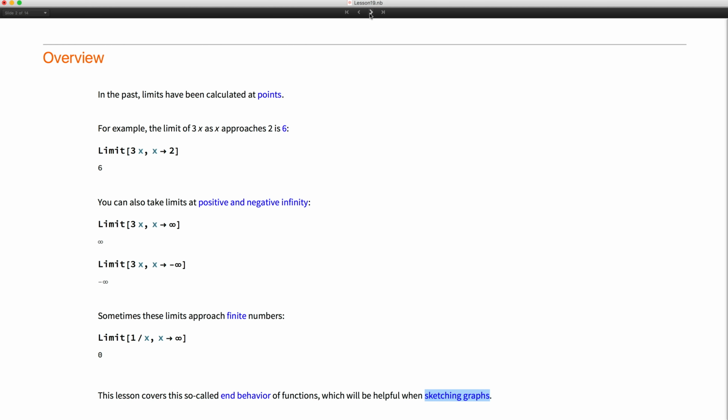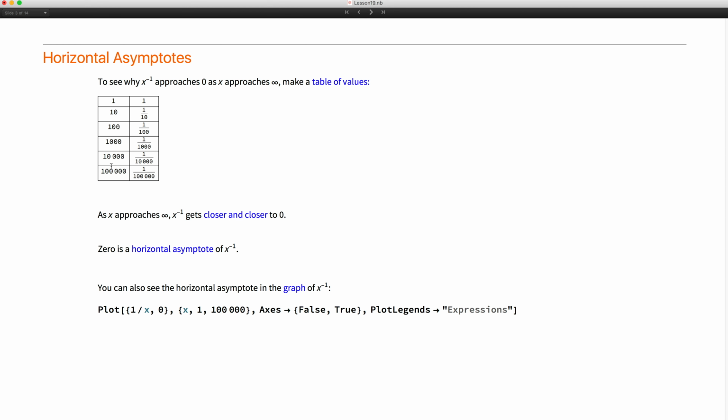So let's begin with some more motivation and talk about horizontal asymptotes. If you look at this table, it's a table for 1 over x as x approaches infinity. And you see that as x becomes larger, the value of 1 over x becomes smaller. So as x approaches infinity, 1 over x gets closer and closer to 0.